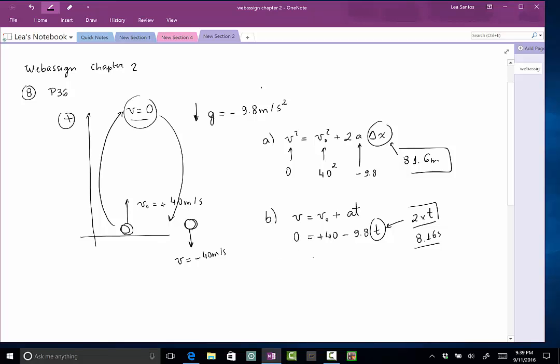So another way to find this time with a single equation at once is to say, well, I want to know how long it takes to come back to the ground and have this minus 40 meters per second, starting with plus 40 meters per second. And we need to use g, which is minus 9.8. From this equation here, I will get straight that value 8.16 seconds. So this is an alternative.